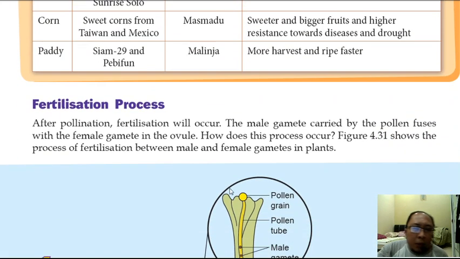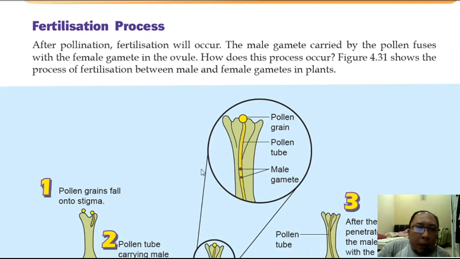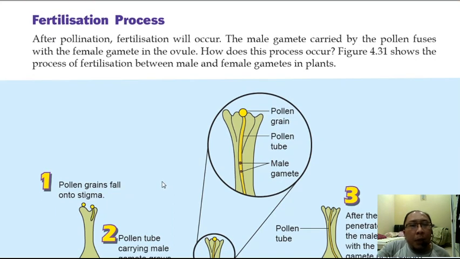Okay, now we go to the fertilization process. After we have learned about the pollination process, that is the transferring of pollen grain from the anther to the stigma of the female reproductive organ, now we will proceed to what we call fertilization.